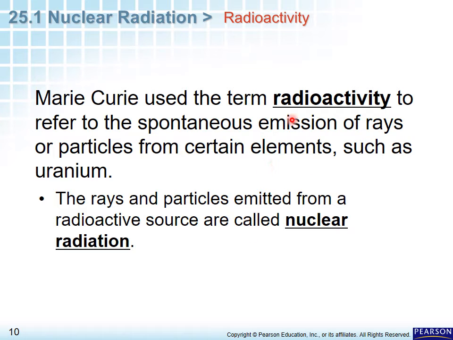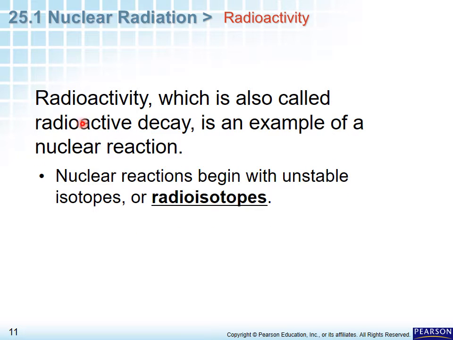So what is the difference? Radioactivity refers to the spontaneous emission of rays or particles from certain elements such as uranium. The rays and particles emitted from the radioactive source are called nuclear radiation.